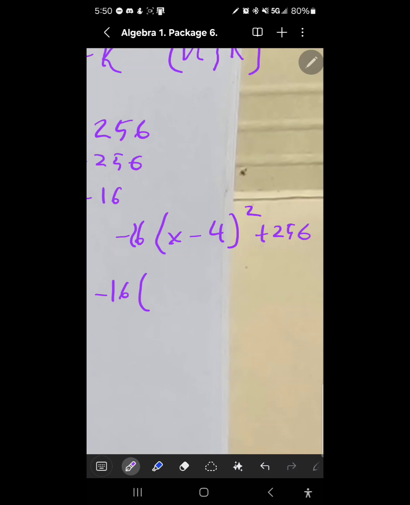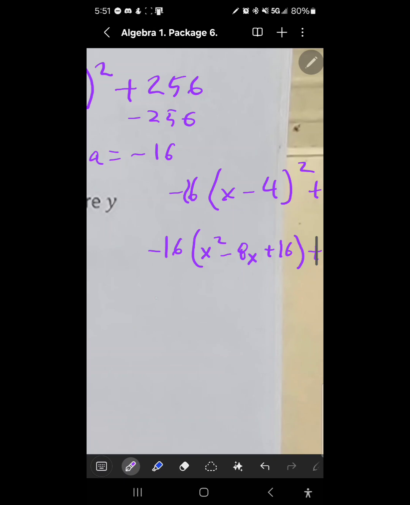Remember this from previous videos. We have a squared, which is going to be x squared. In this case, minus 2 times a times b, so 2x times 4 is 8x. 4 squared is 16, which is going to be b squared. And this is plus 256.